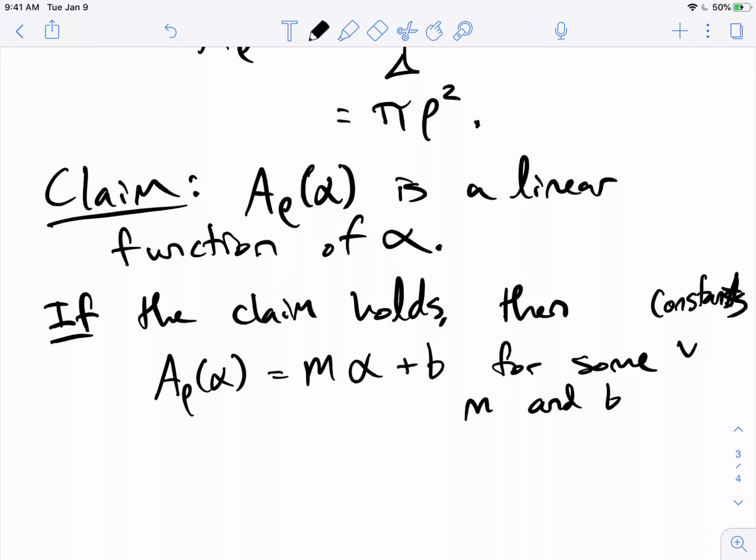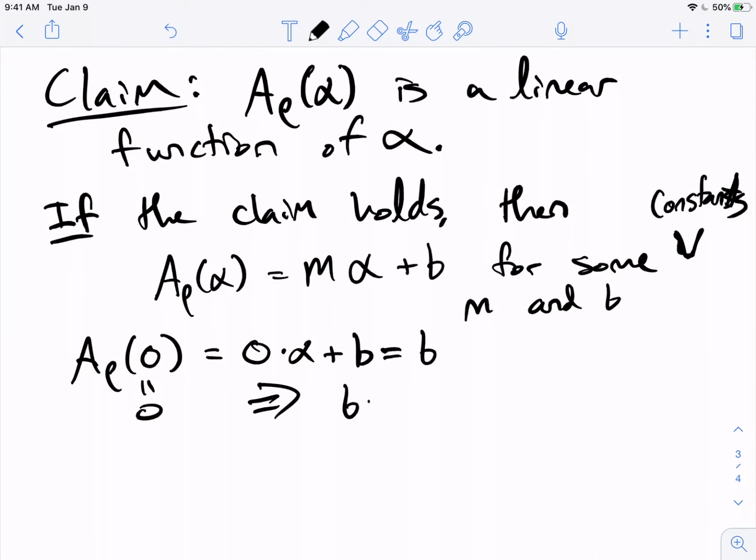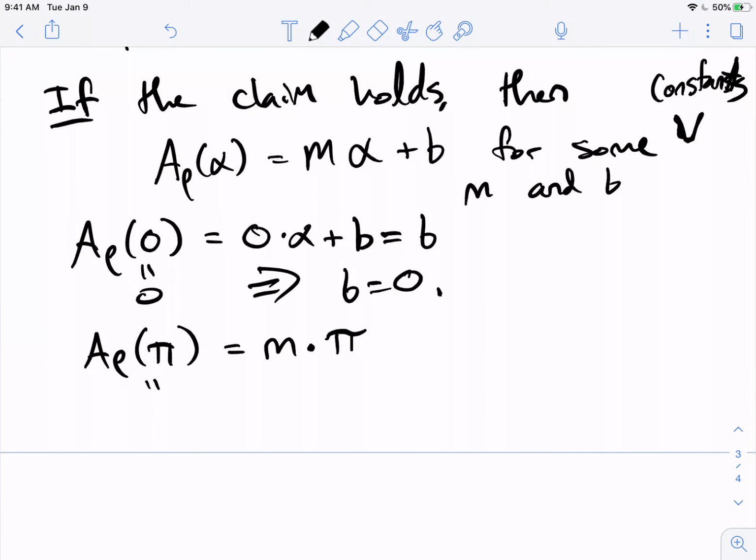And then we want to figure out what those constants are, but we can use the values we already know. So A rho of 0, that's just equal to 0 times alpha plus b, which is just b, but we know that's 0. So b is 0, and then we look at A rho of pi, that's equal to m times pi, but we know that's equal to the area of an ideal triangle, which is pi rho squared.